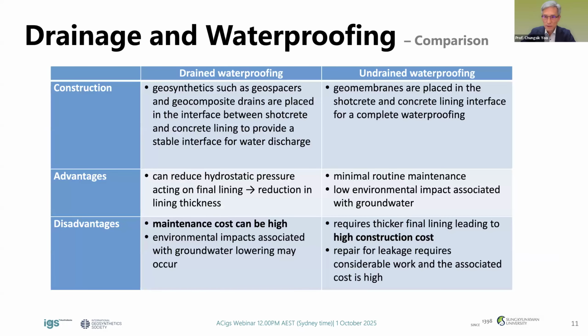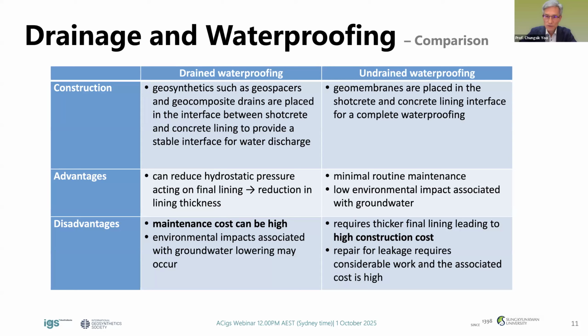So this table summarizes the differences between the two. As you can see, drained waterproofing offers the advantage of allowing thinner and more lightly reinforced concrete liners, but it comes at the expense of maintenance costs. You have to do the maintenance a lot. Okay, we will talk later about the maintenance.